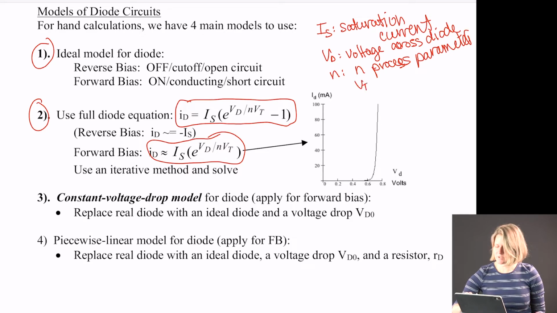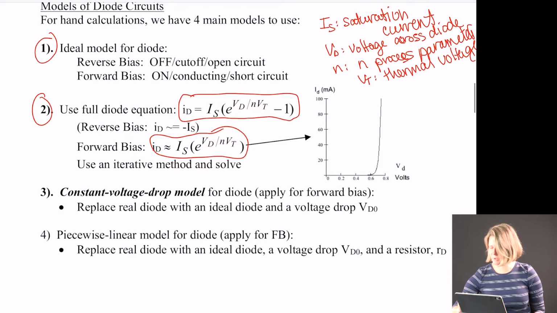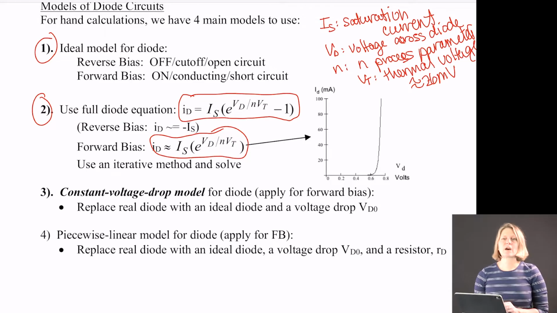And V_T is called the thermal voltage. For thermal voltage, we typically use a room temperature value, which is approximately 25 to 26 millivolts.